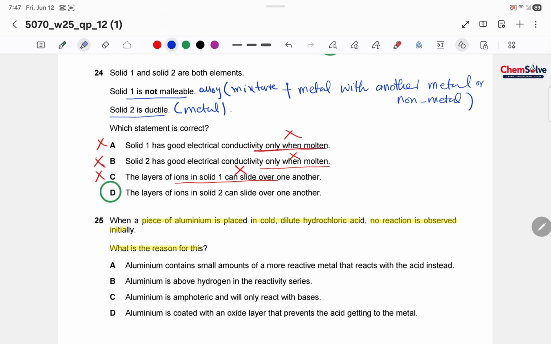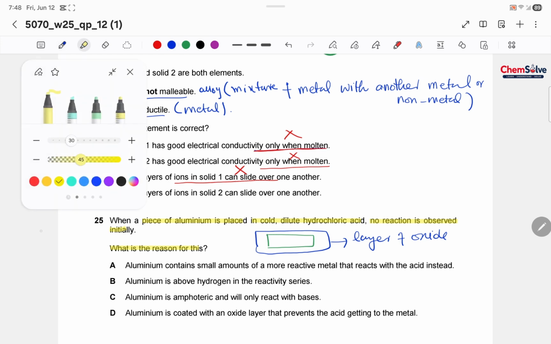Basically, what happens is that when a piece of aluminium is placed, and you know aluminium is a reactive metal, it forms a layer of oxide on it. An aluminium oxide layer, which prevents it from further corrosion, which prevents it from reacting with anything else.